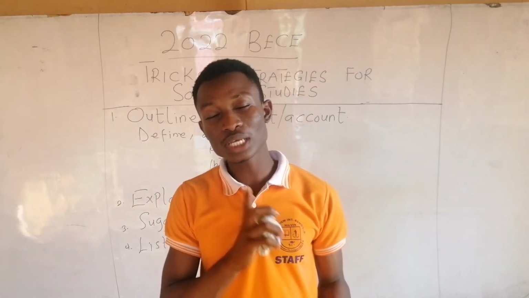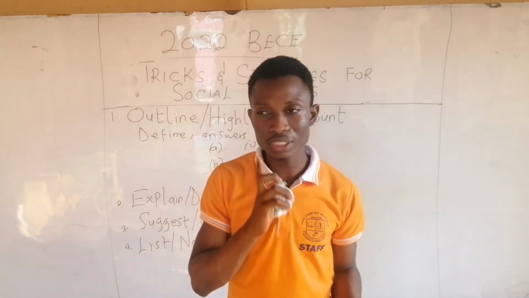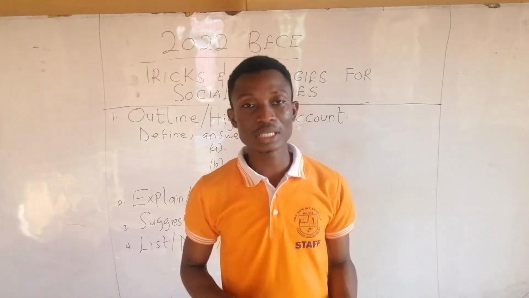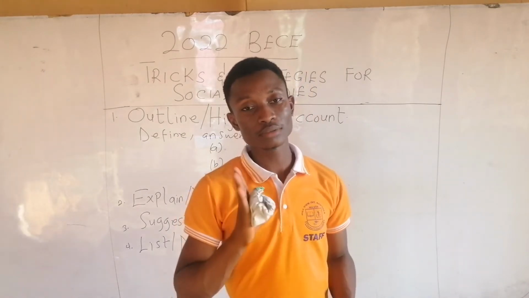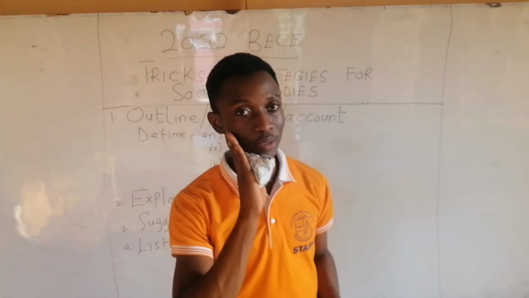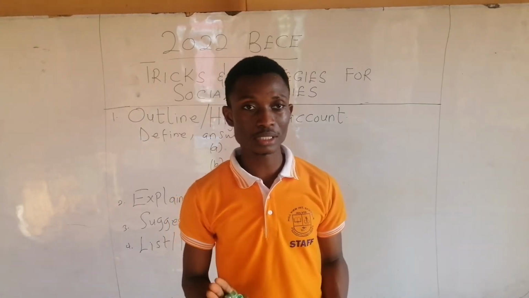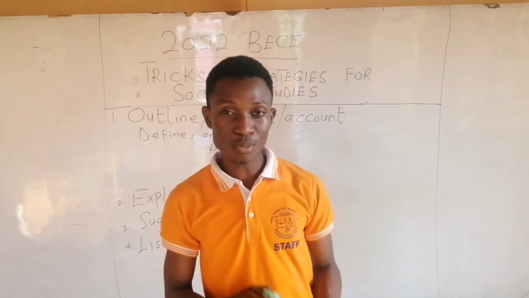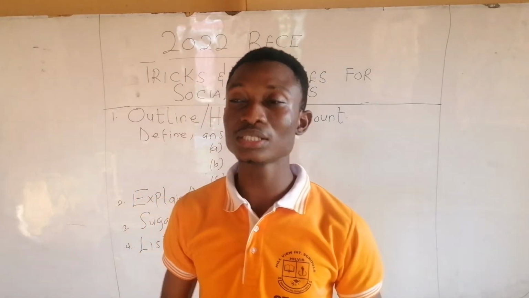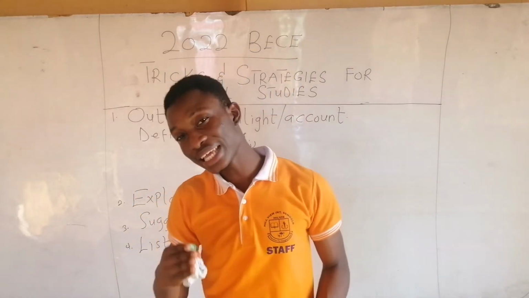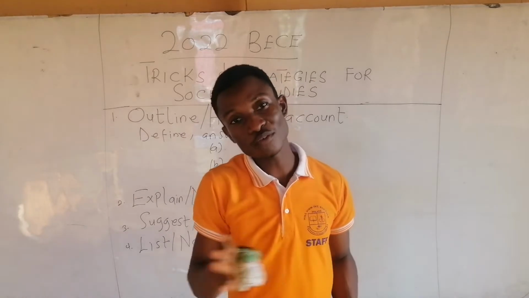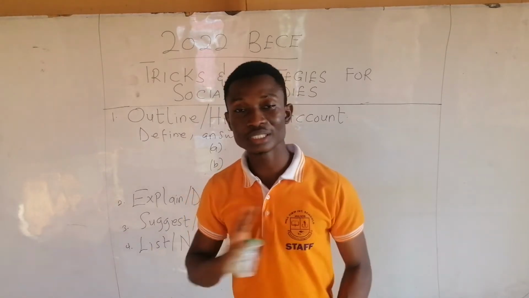Always consider the marks also. If the marks are more than 4 or 6 marks, you need to explain them. That's social studies for you. But if it is less than 6, if it is 2 or 4, just give out the points. You are good to go.